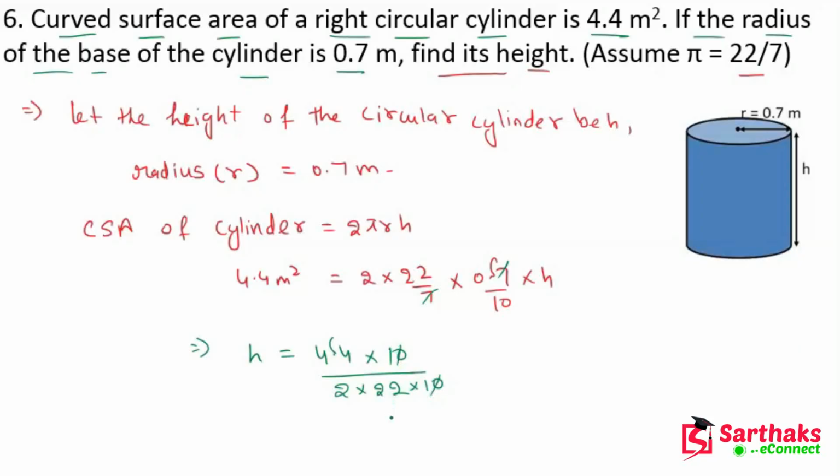This 10 and this 10 will be cancelled. 44 divided by 22 is 2, and this 2 will be cancelled. So here we get 1 meter. So the height of the cylinder is equal to 1 meter. This is the answer of this question.